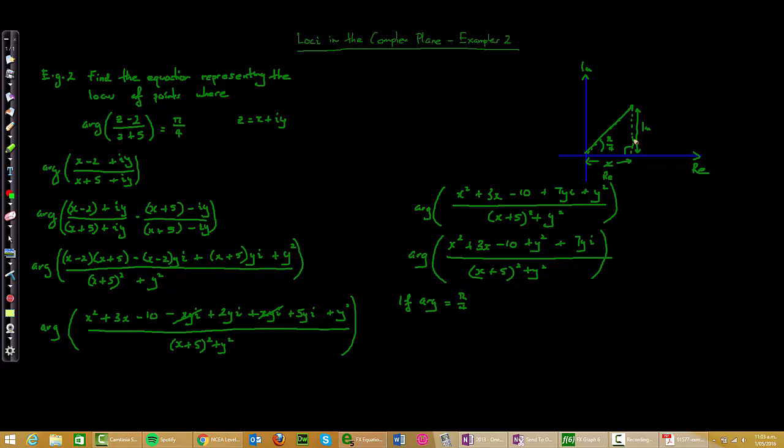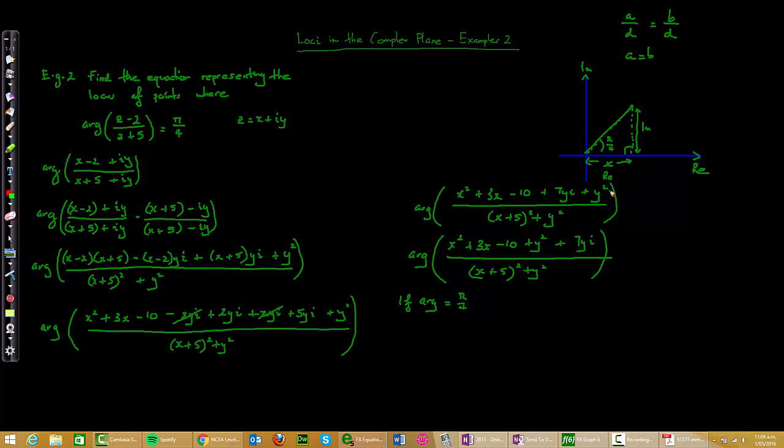If we've got something over a denominator and it's equal to something else over the same denominator, then A would equal B. We don't need to worry about that denominator. If they're over the same thing, it means that A must equal B.